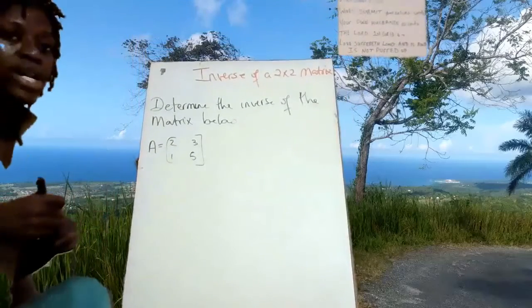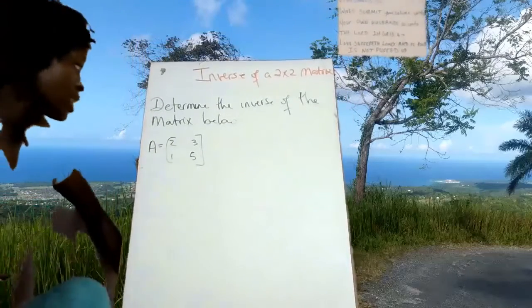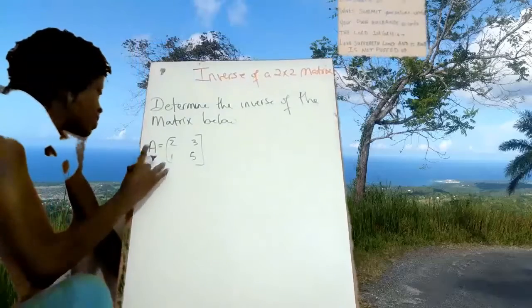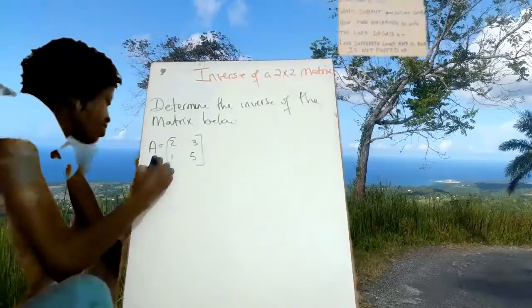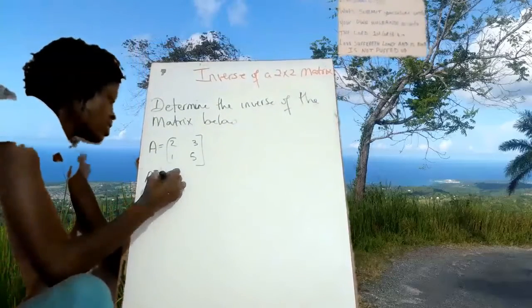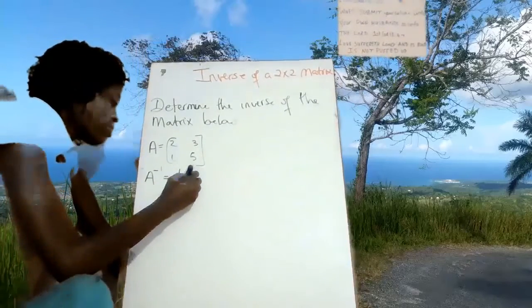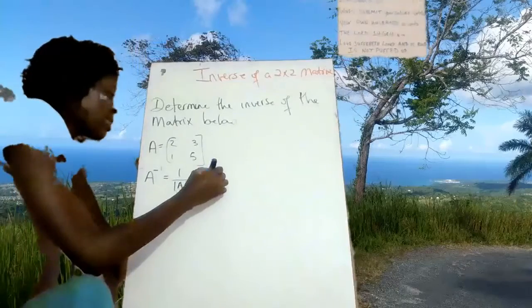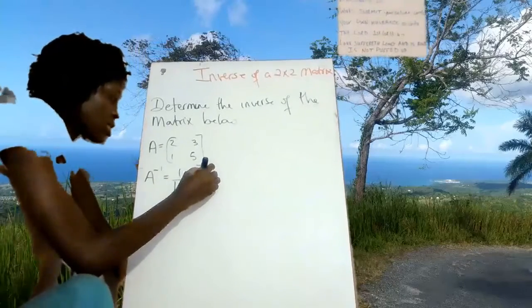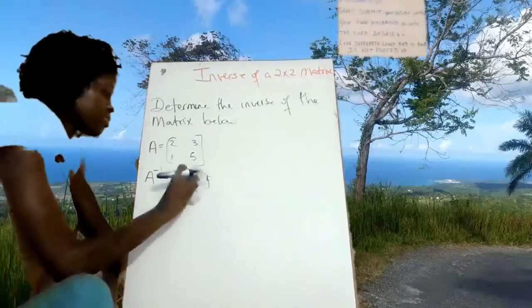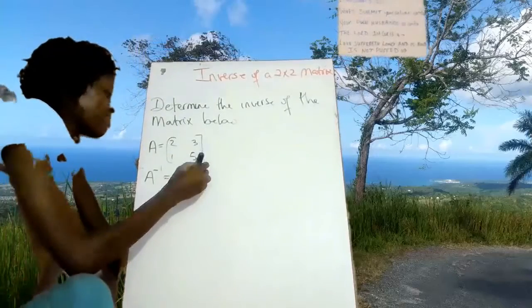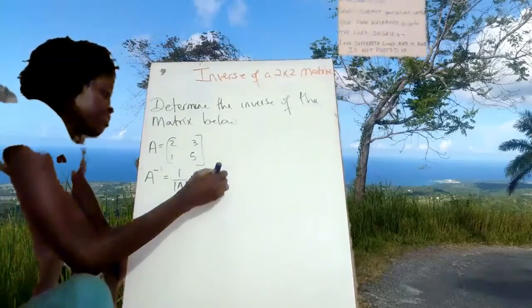So we know that the formula for finding the inverse of a matrix is, I can write right here, A inverse equals 1 over the determinant of A times adjoint A.